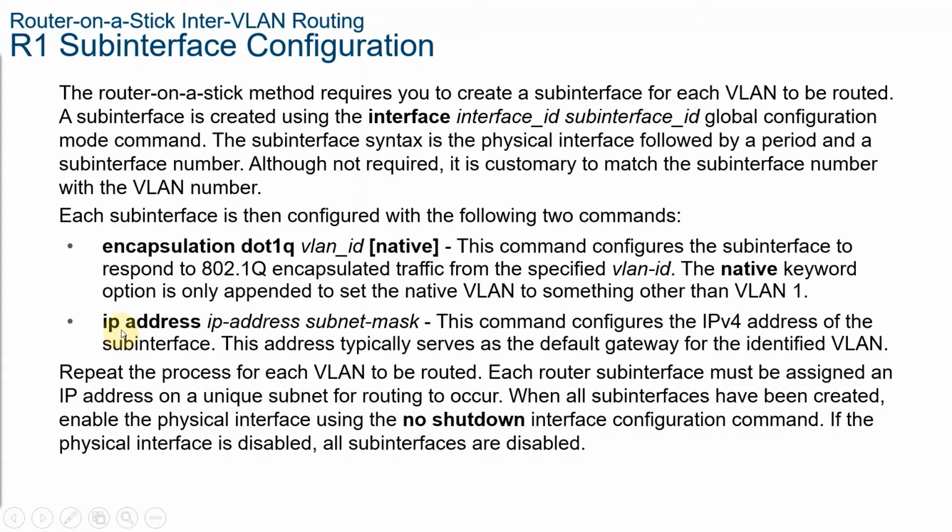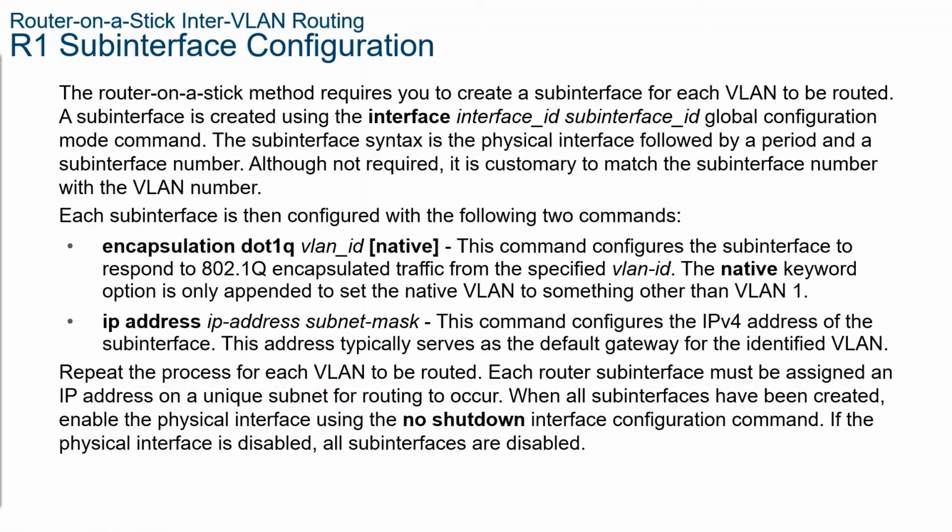Next would be the IP address, ip address followed by the subnet mask. This command configures the IPv4 address of the subinterface. This address typically serves as the default gateway for the identified VLAN. We need to repeat the process for each of the VLANs to be routed.